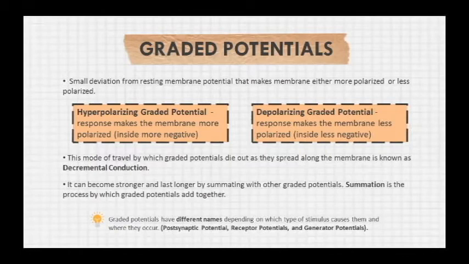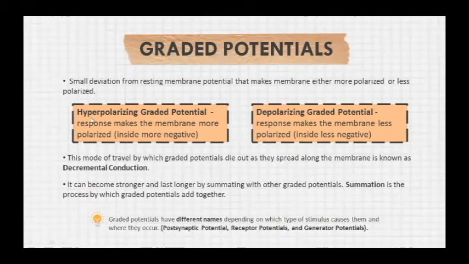That is why, from the word itself, hyperpolarizing makes the polarity in the plasma membrane much higher because it gives more negative charge in the inside of the cell or in the cytosol.